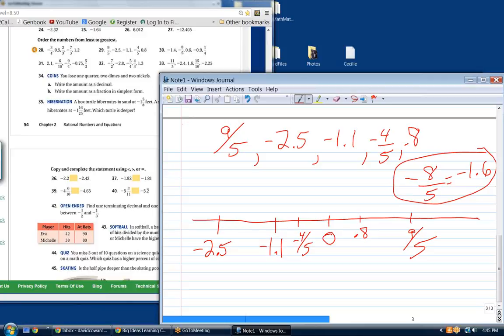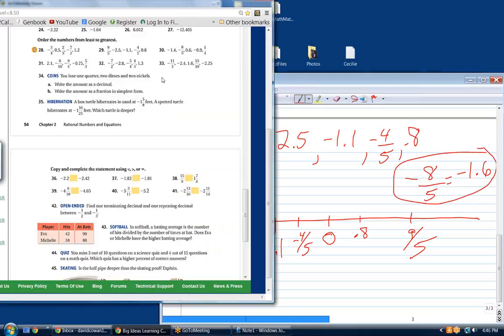How about the positive numbers? 1/4. Because that's the decimal what? 0.25. Okay. So 0.25 and then 0.6. So the trick on these is just to make sure that if one's in decimal and one's in fraction, in order to compare where they're at on the number line, we need to have them in the same form.